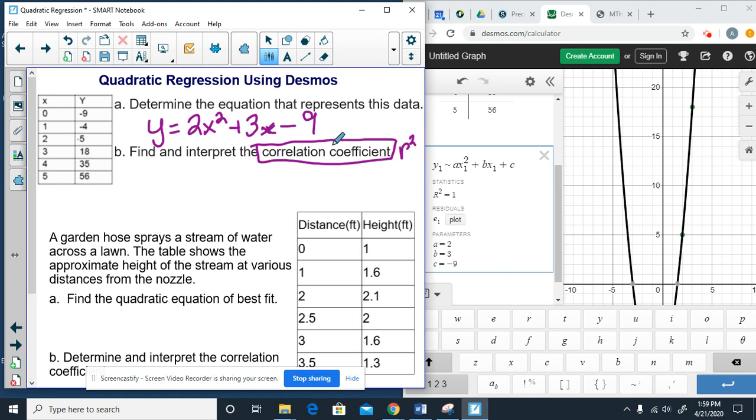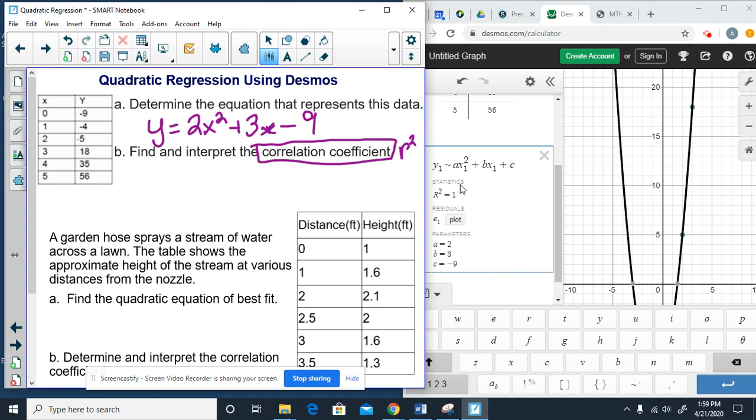The closer the correlation coefficient is to 1 or -1, the absolute value of 1, the better the model or the equation represents that data, which tells us that if we were to use it to predict something, that would be a good equation to use. It represents that data well, and we could have some confidence that our equation, or the model as it's often called, is a good representation and can be used to predict.